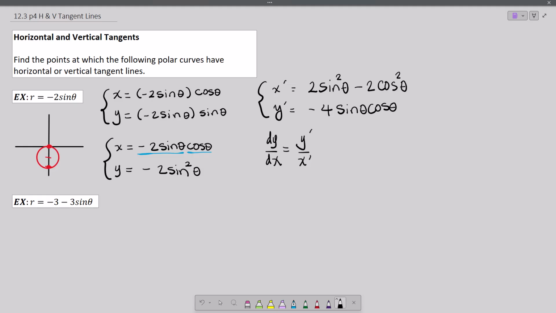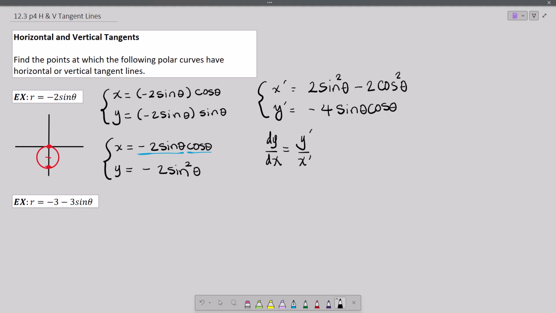If the numerator is 0 and the denominator is not, then we definitely have a horizontal tangent. And if the denominator is 0 and the numerator is not, we definitely have a vertical tangent. But if both are 0, it's indeterminate and we'd have to do extra work.